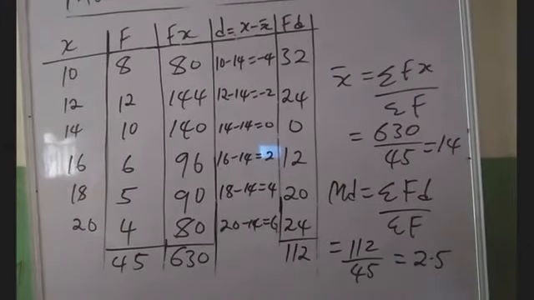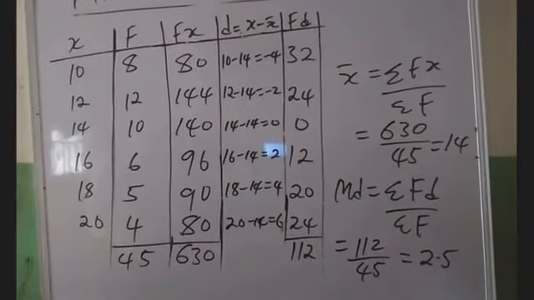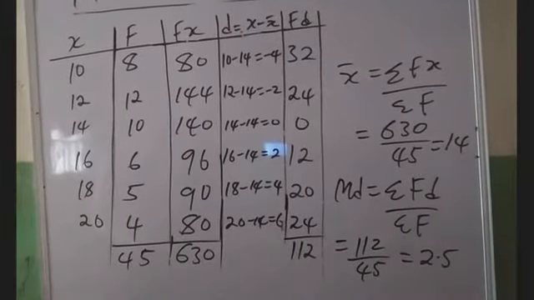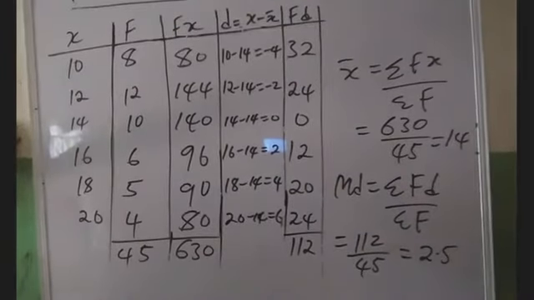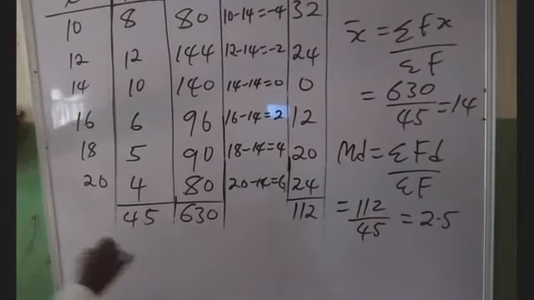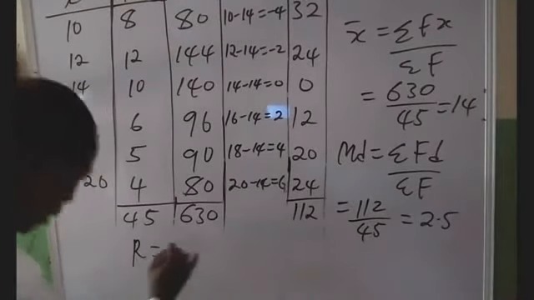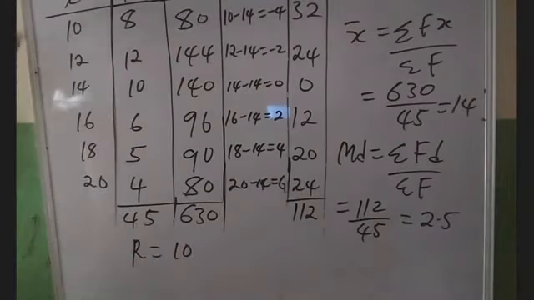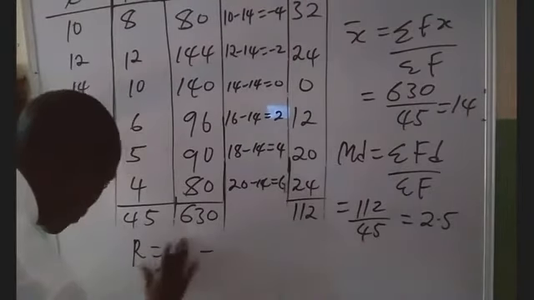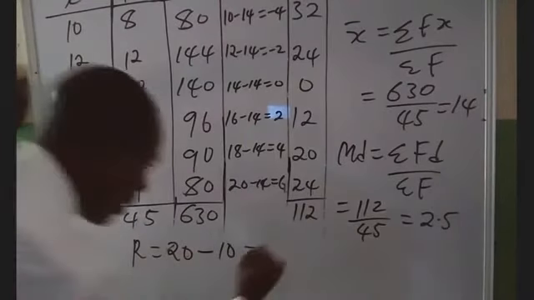Don't forget, we are asked to find the range too. Remember, the range is equal to the biggest number minus the smallest number. The biggest number here is 20, the smallest is 10, and that gives us 10.